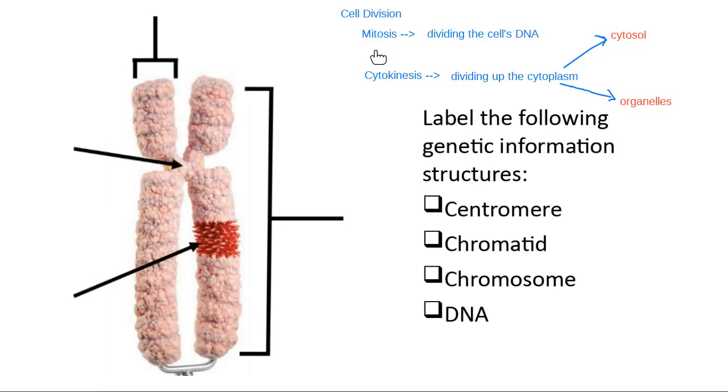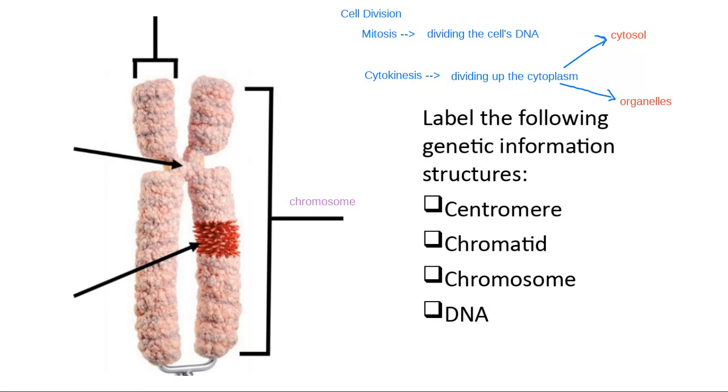When we talk about this X-shaped form of the DNA again, what was the name of it? This whole thing that we're looking at, my whole model here, yeah, absolutely, is called a chromosome. This entire model that we're looking at is a chromosome.